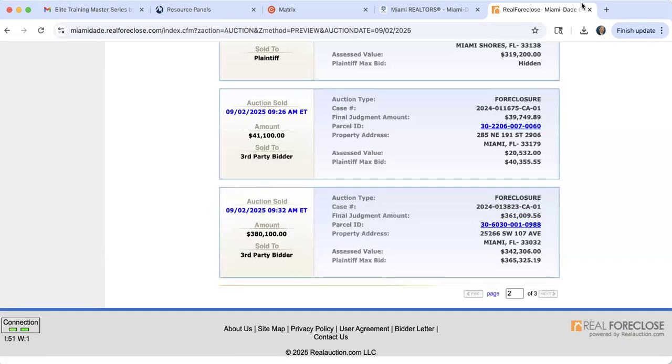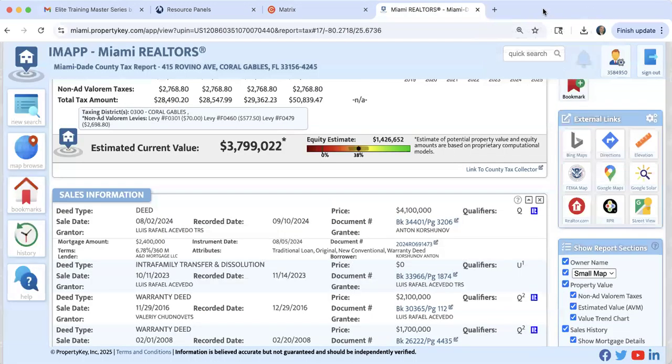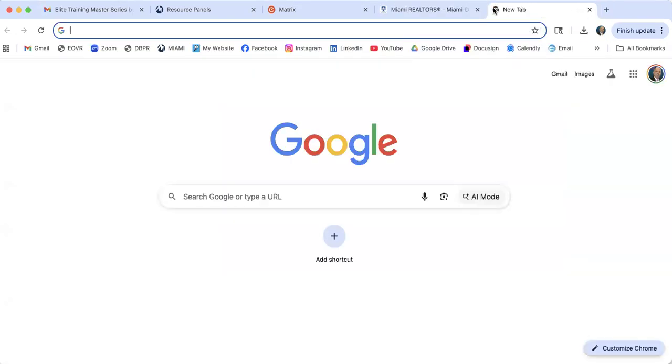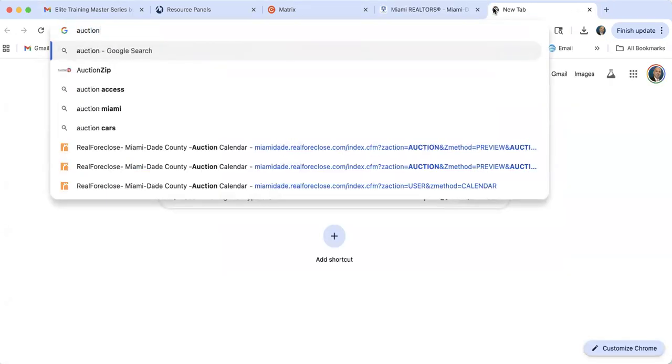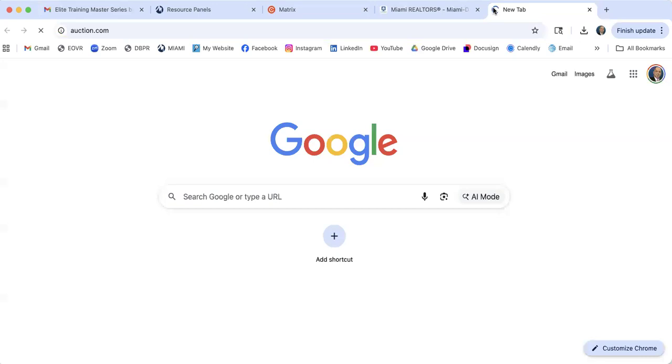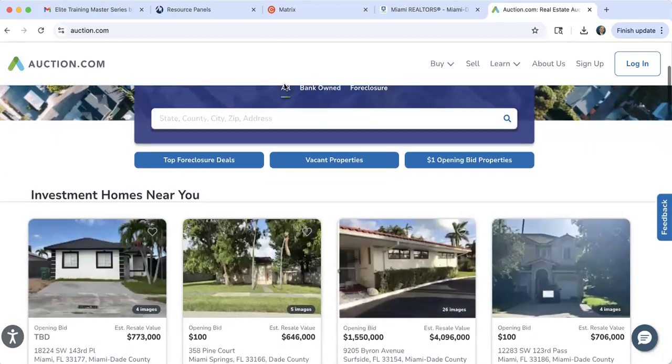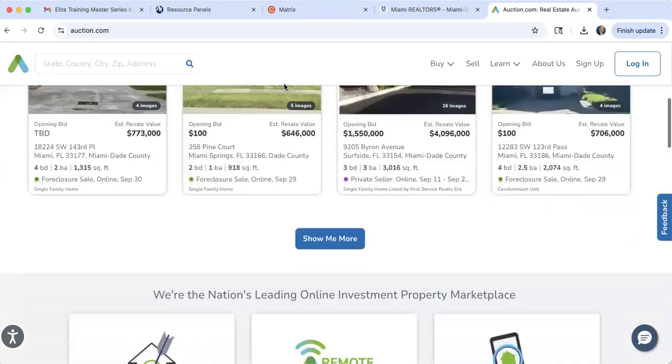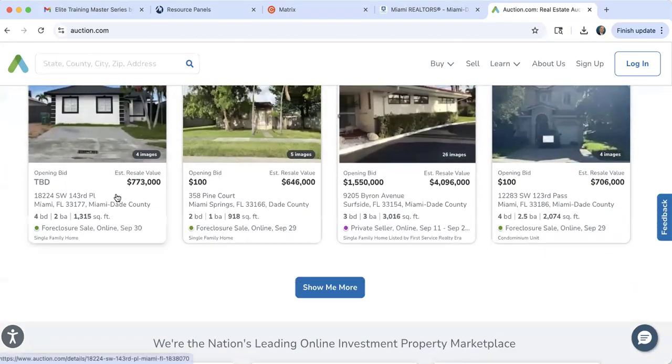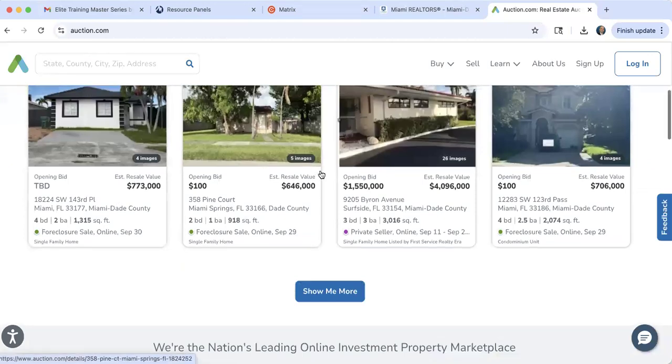There are other auction websites like auction.com. The one that I just showed you for Miami-Dade or Broward County are official foreclosure auction sites for the county. But then there's something like auction.com where you'll be able to come in here and bid on properties that are through private auction websites like this one.